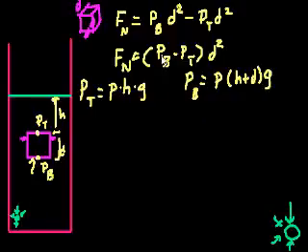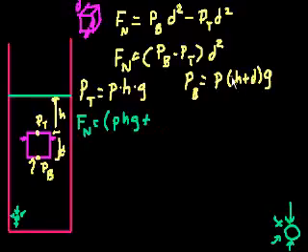All right, so let's just substitute both of those back into our net force. Let me switch colors to keep from getting monotonous. So the net force is equal to the pressure at the bottom, which is this. And let's just multiply it out. So we get rho times h times g, rho h g, plus d times rho times g, d rho g.